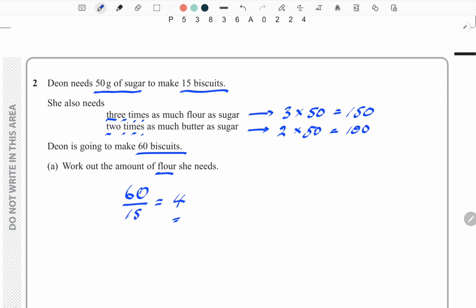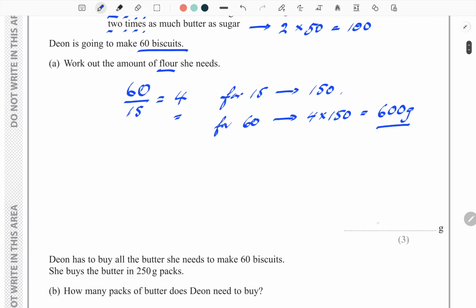So we know that for 15, we need 150. So for 60, we need 4 times 150. And that actually comes out to be 600 grams in total. So 600 there.